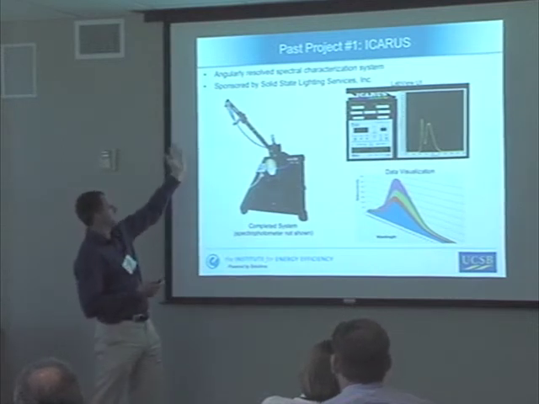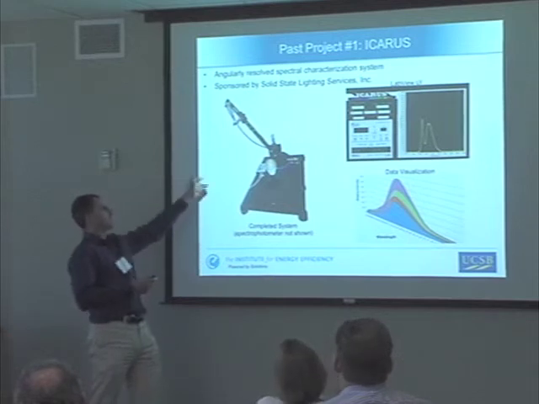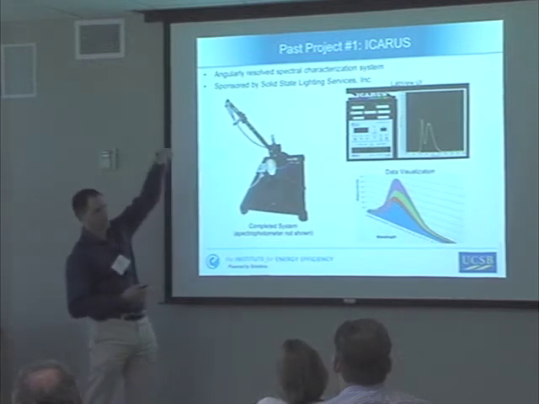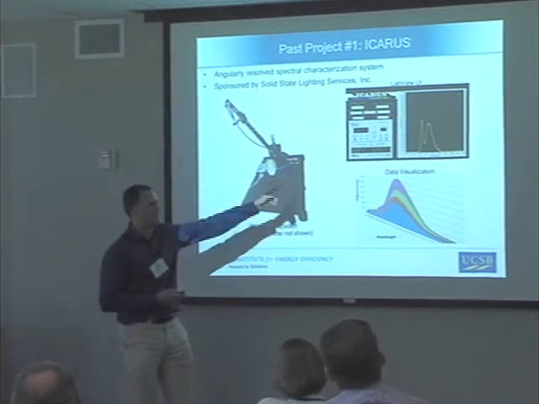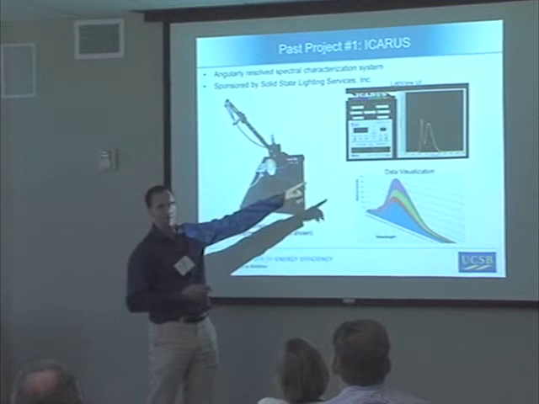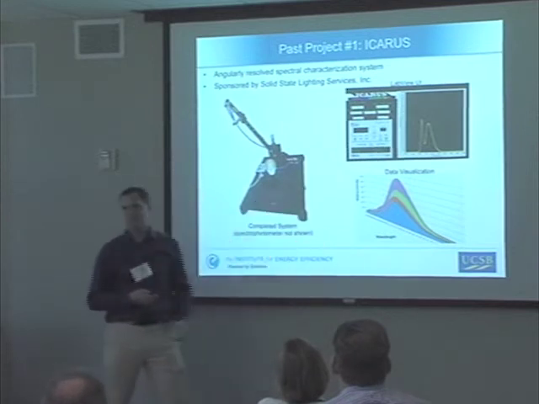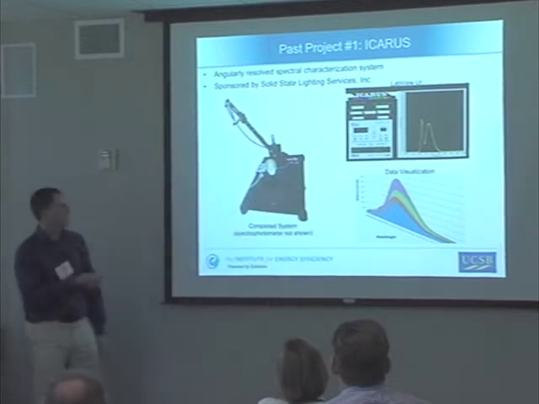The lever arm can move all the way from a 90-degree angle up to viewing the bulb from the very top. And it's interfaced with a MATLAB interface that they created to collect the data and produce nice graphs of the collected data.